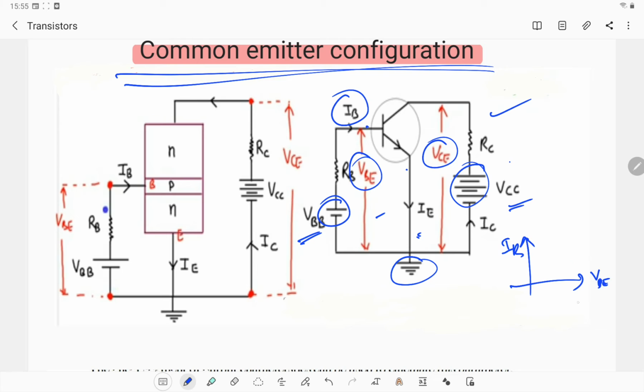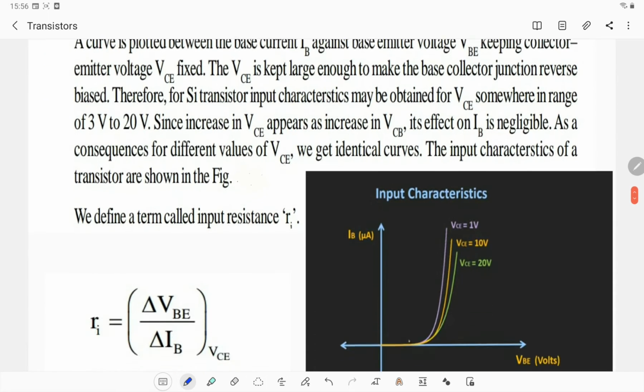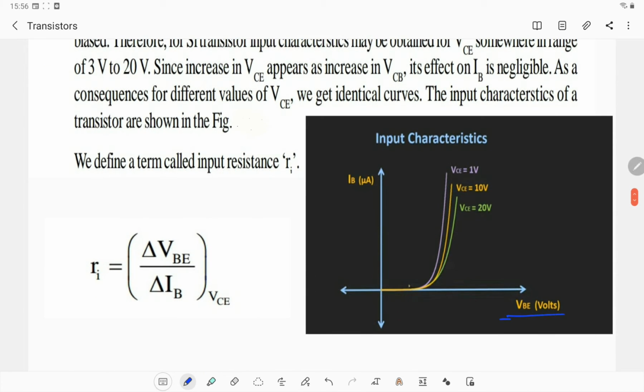If the graph is drawn between input voltage and input current, when the output potential is constant, that is nothing but input characteristics. The input characteristic is like this. This is VBE and IB. It is just like a PN junction diode in forward bias.